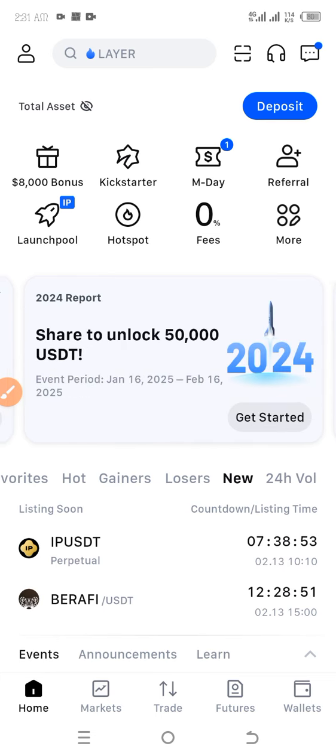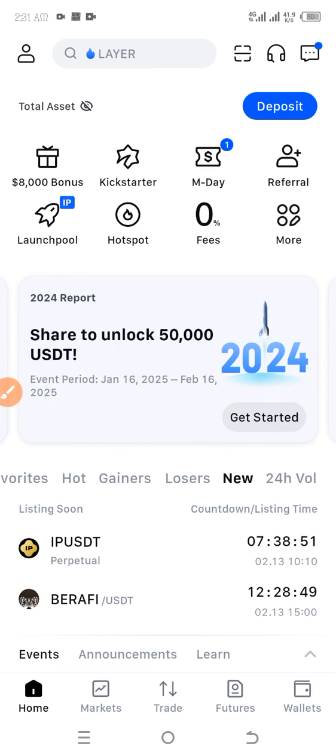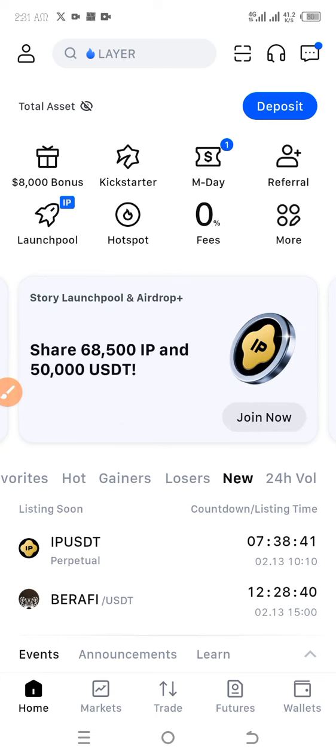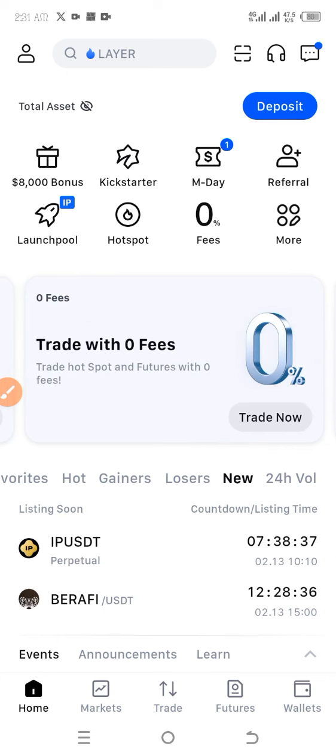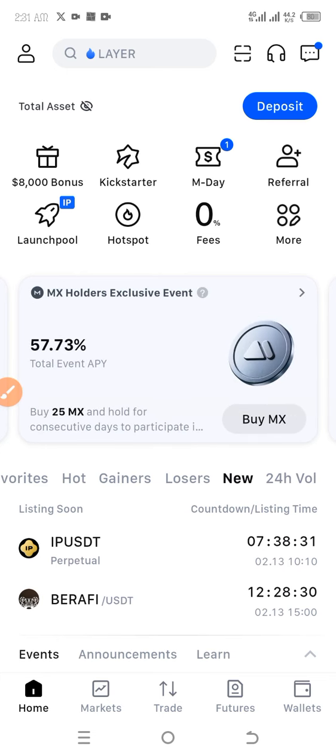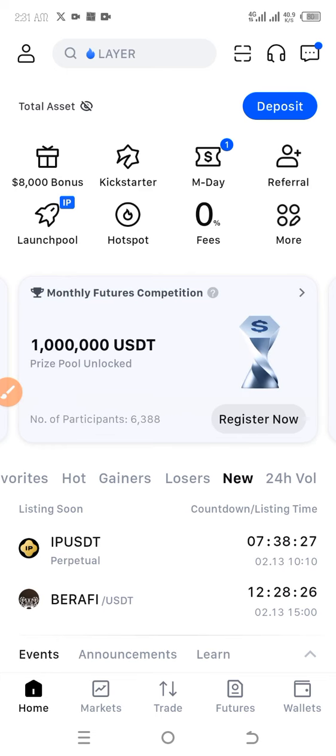So what is futures trading? Futures trading is predicting a price. For a long, you predict that the price is going to go up, and you buy. Once the price shoots up, you are going to make a lot of profit. And if you predict that the price of the coin is going to come down, you put a short, and once the price of the coin comes down, you are going to make a lot of profit.